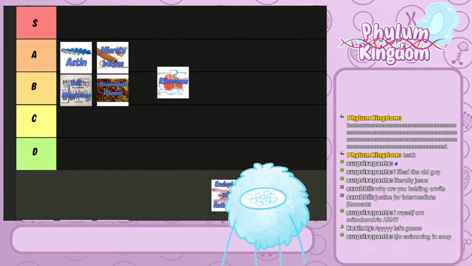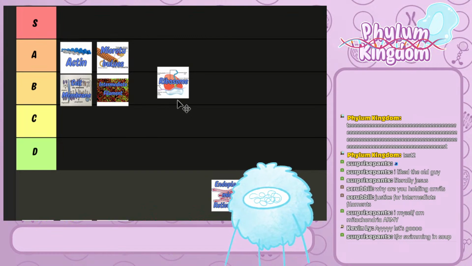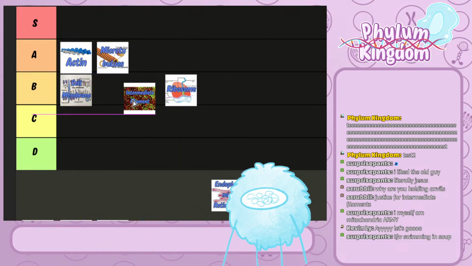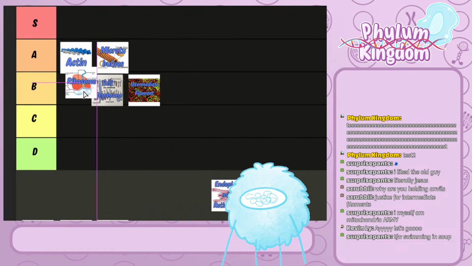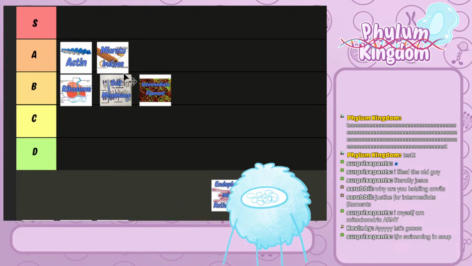I think people that are more into thinking about prehistoric origins and engineering would probably put ribosomes pretty high. I think for now I will put ribosomes at a high B and maybe move them up a tier, depending on how the rest of this tier list goes.